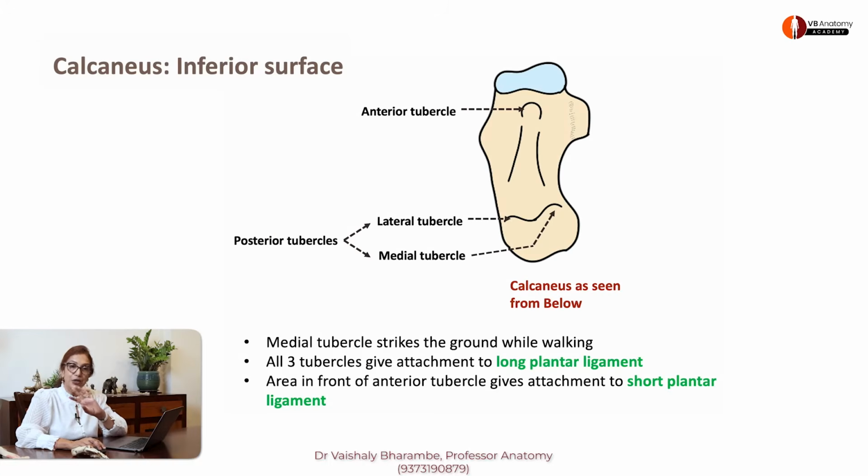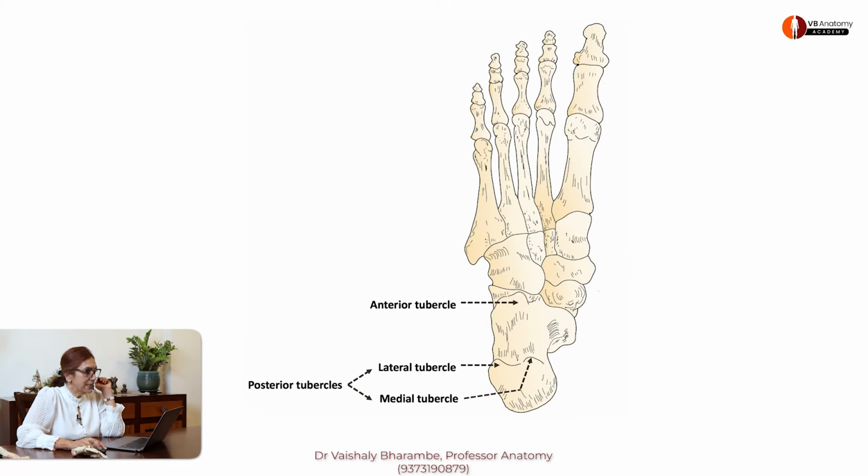Continuing, these tubercles give attachment to 2 very important ligaments of your foot, the long plantar and the short plantar. Take a look. Extending from the anterior surface of the calcaneus to the adjacent surface of the cuboid is your short plantar ligament. Extending from all the 3 tubercles to the bases of the metatarsals is your long plantar ligament.